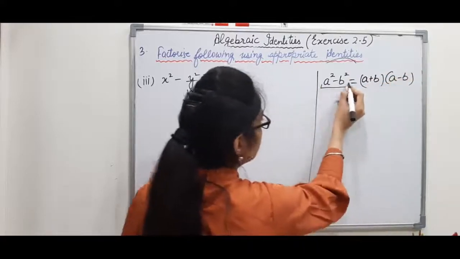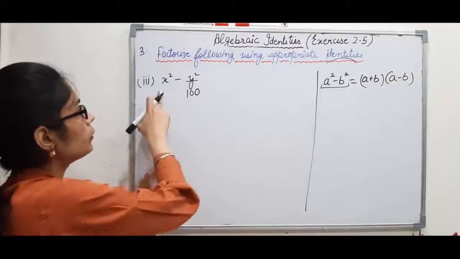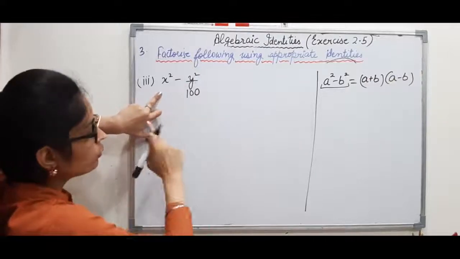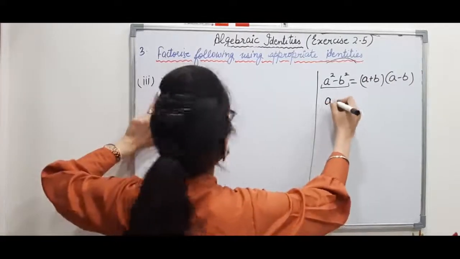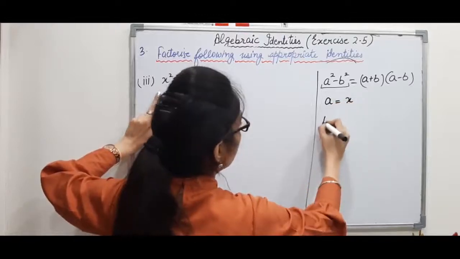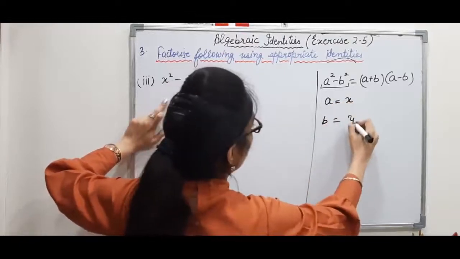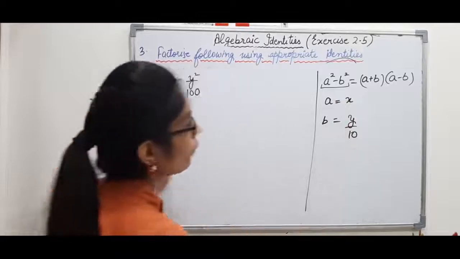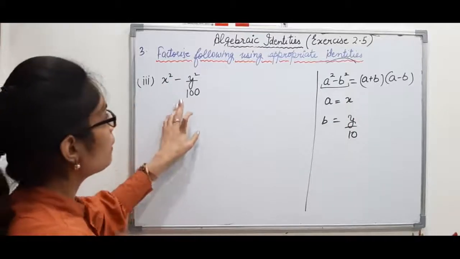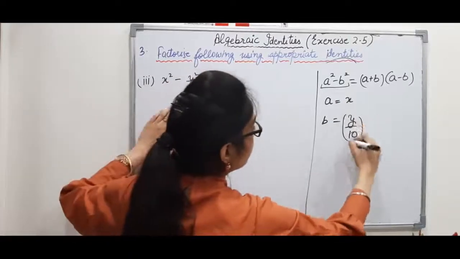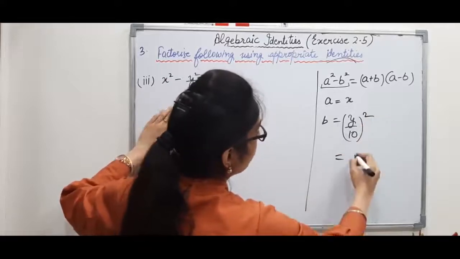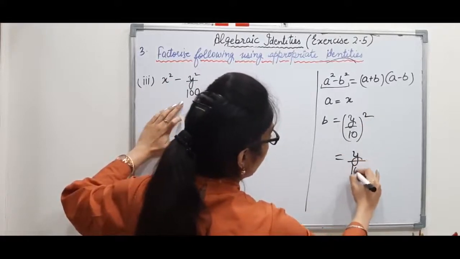So this type of expression is given to us, a square minus b square. So if you see, a is equal to x and b is equal to y by 10. Because square is done, if you do its whole square, it will be changed into y square by 100.